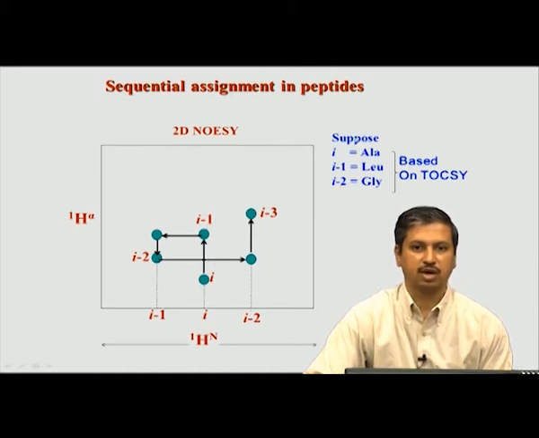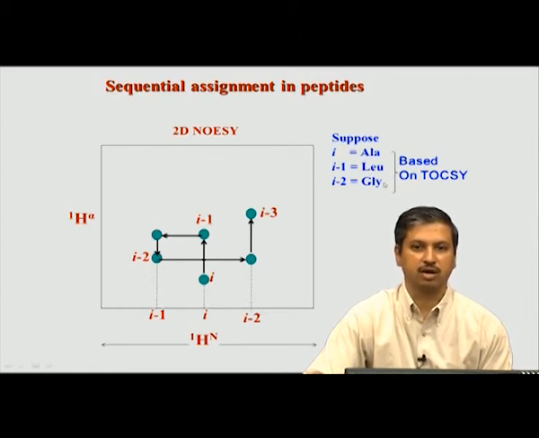So, now let us come to this place here. Suppose when I started arbitrarily from a residue I or a peak I, from the TOCSY, as I said, we will know the spin system, and suppose that spin system belongs to a residue alanine. Suppose it is an alanine spin system, and let us say I minus 1, which is along this vertical line, is another spin system, leucine, and I minus 2 let us say is glycine.